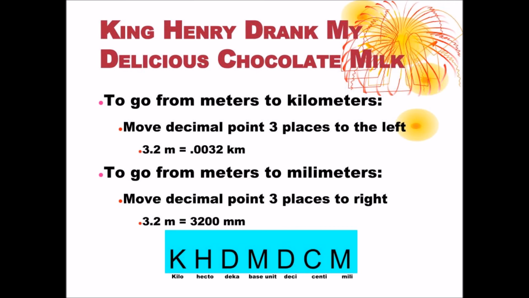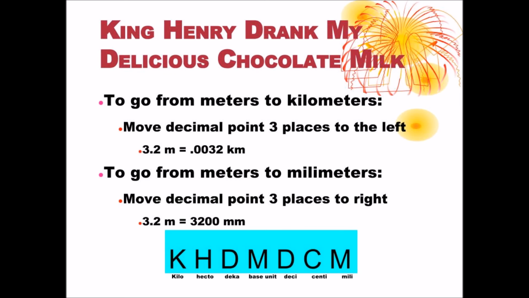So 3.2 meters, the decimal point would be moved 3 spaces to the left, fill in with zeros, and I get 0.0032 kilometers.